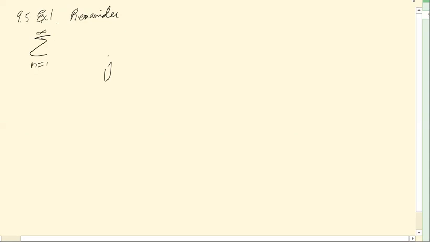Okay, so you have this (-1)^(n+1) over n cubed. And they want us to find the number of terms required to keep the error, which is S minus S_n, which we're calling the remainder.